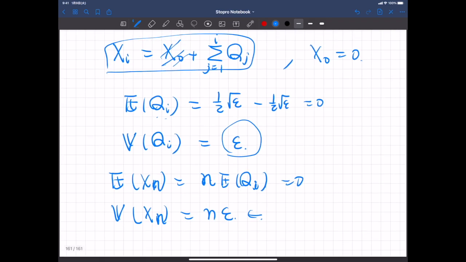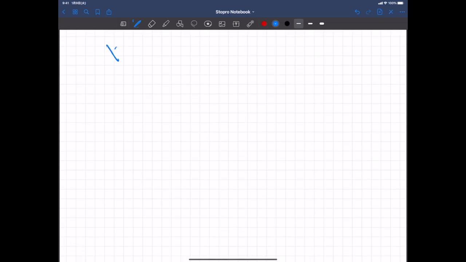Next, for convenience, we define x of t1 as xi1, where t1 is i1 times epsilon. Remember, the time is measured in the unit of epsilon.